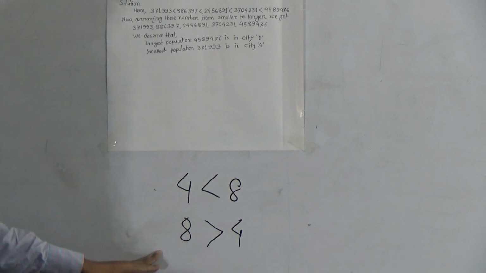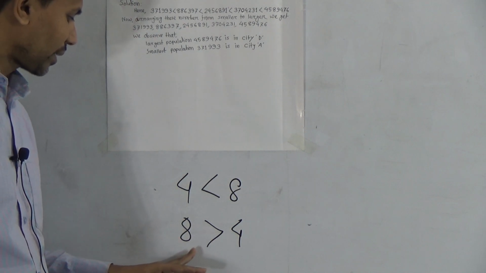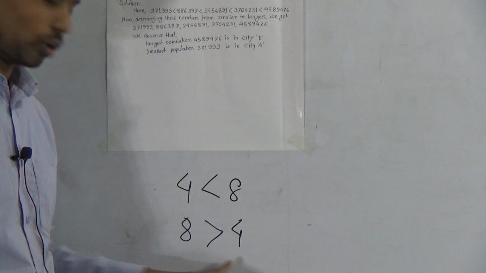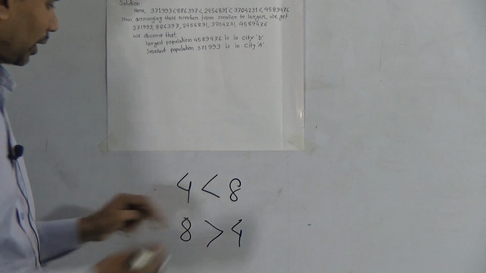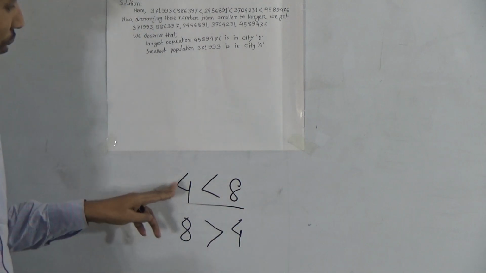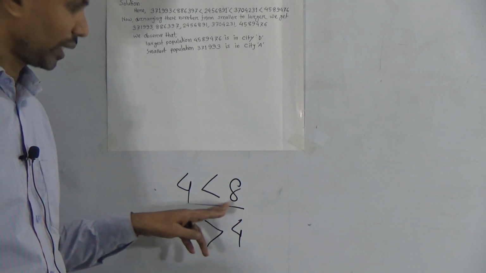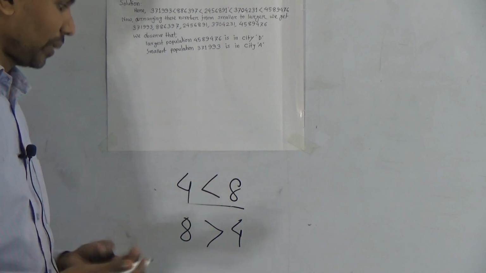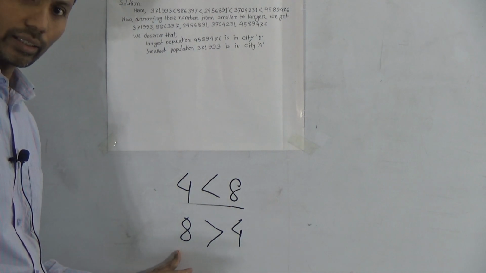You have to read it like this: 8 greater than 4, or 8 is greater than 4. And this is read as 4 is smaller than 8. That means 8 is the greater.